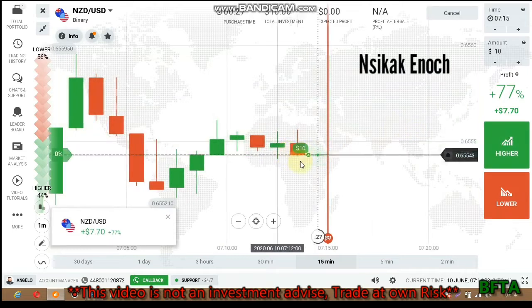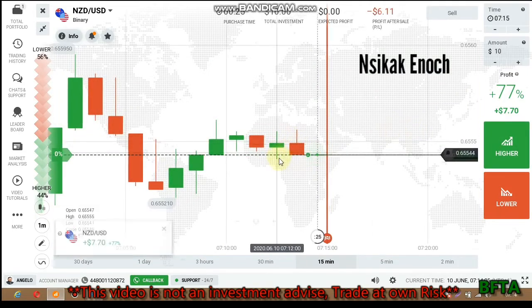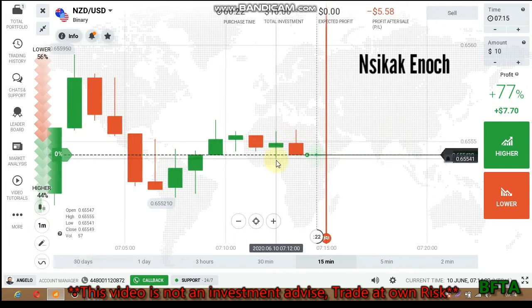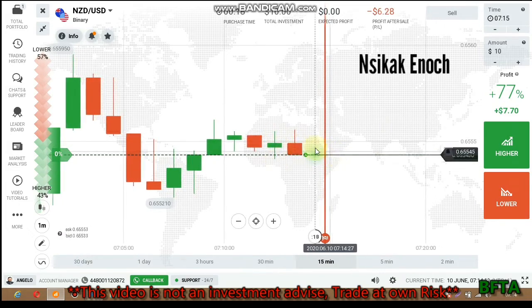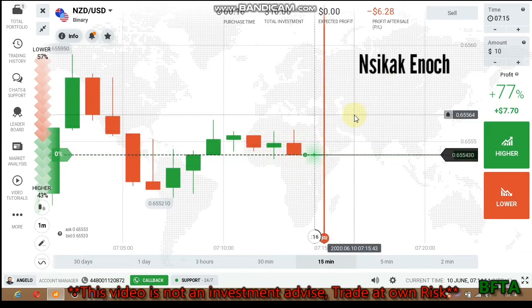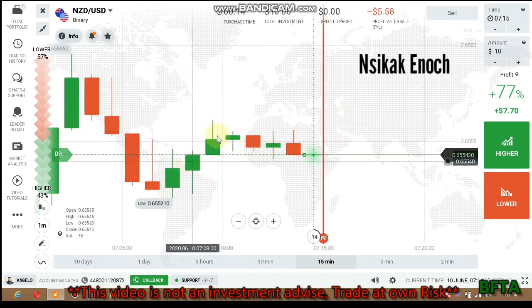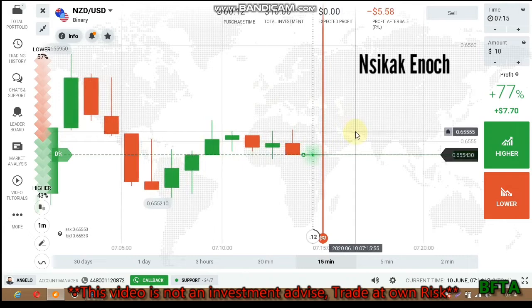I'm going to place call option because of this reversal sign, Marubozu candle. We have a strong rejection from buyers here, so we should expect a buyer's entry and previous bullish movement.